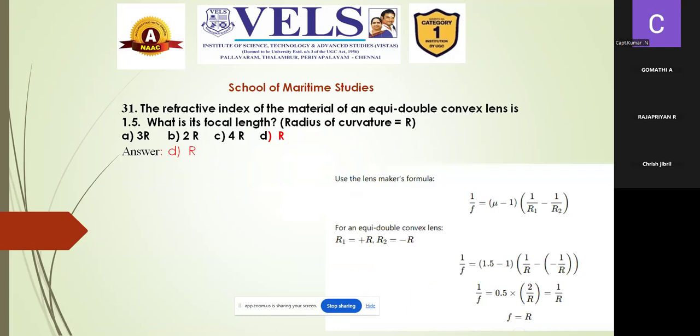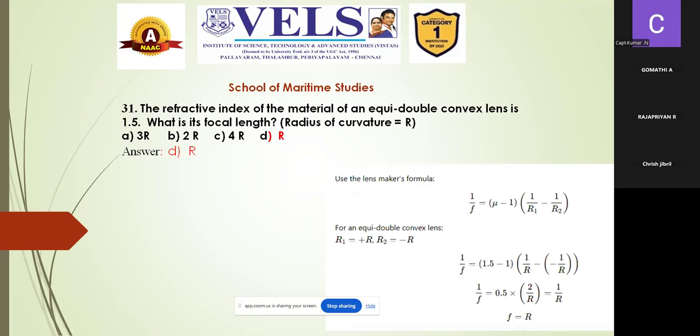Our next question is: the refractive index of the material of an equiconvex lens is 1.5. What is its focal length? Radius of curvature, which means R. So the formula is 1 by f is equal to mu minus 1 into 1 by R1 minus 1 by R2.